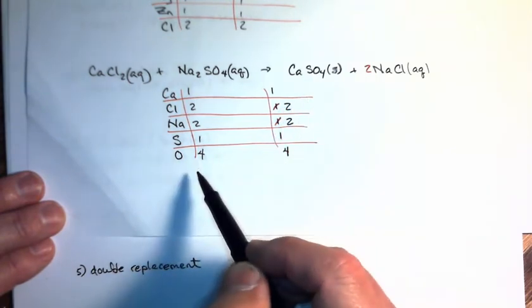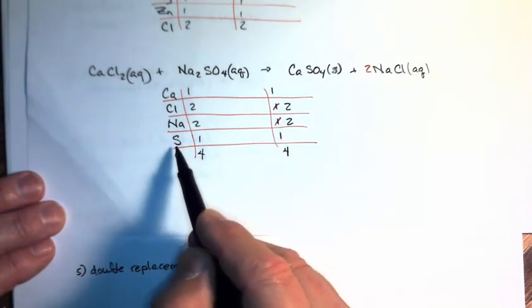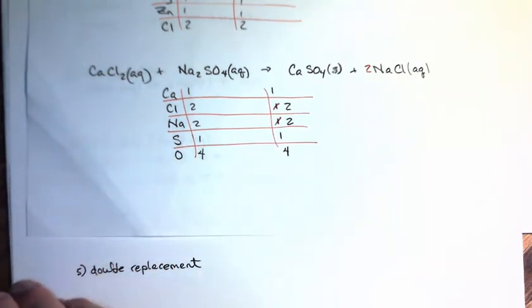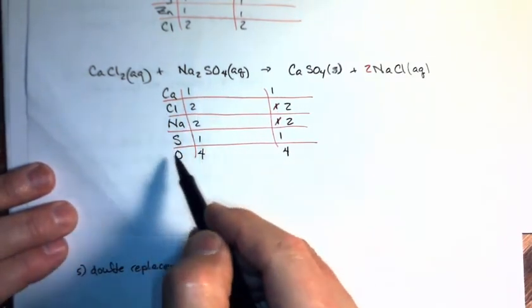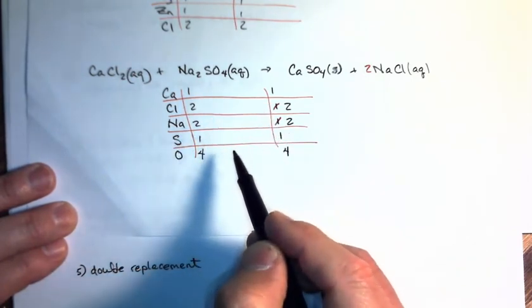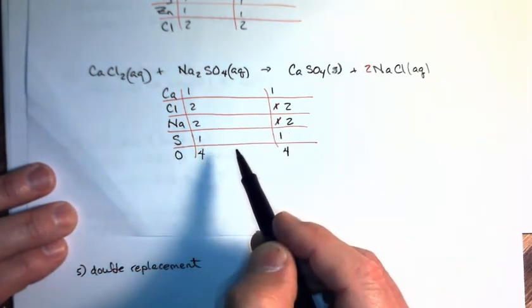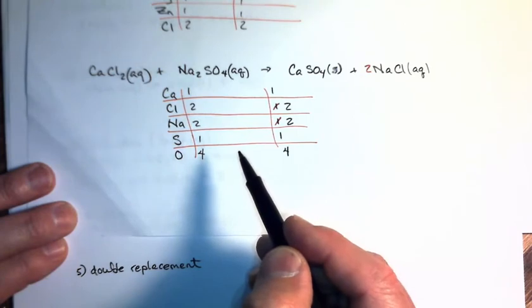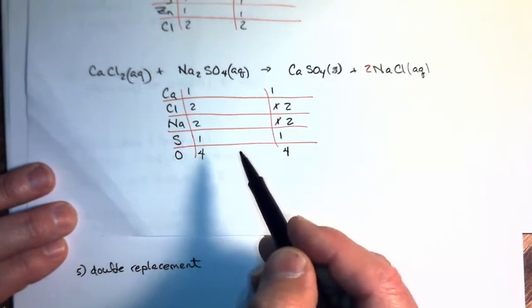Oh, you wrote sulfate here instead of S and O? Oh, good, okay. So, what is this thing called right here? Atom inventory. Is it called an ion inventory? No. So you can't write SO4, all right? It's an atom inventory, all right?